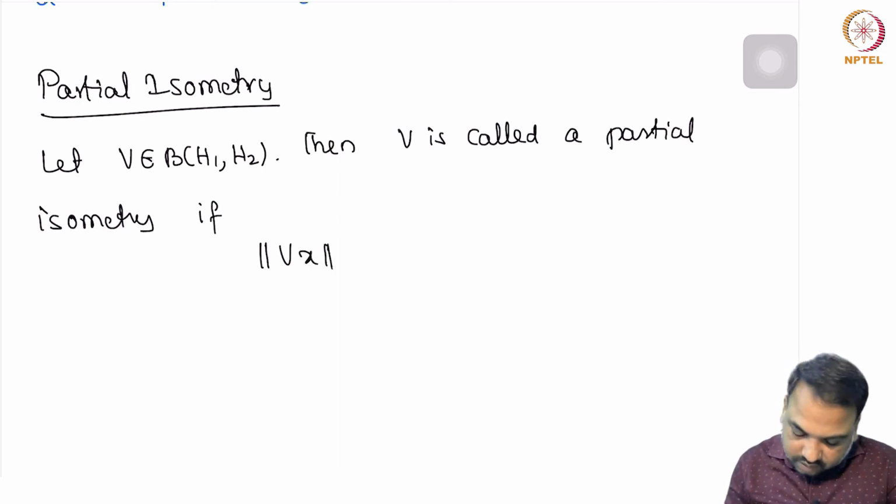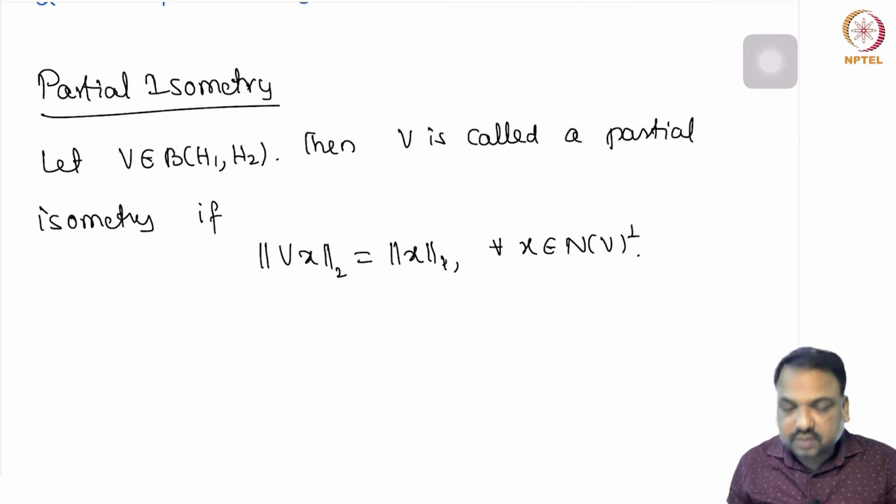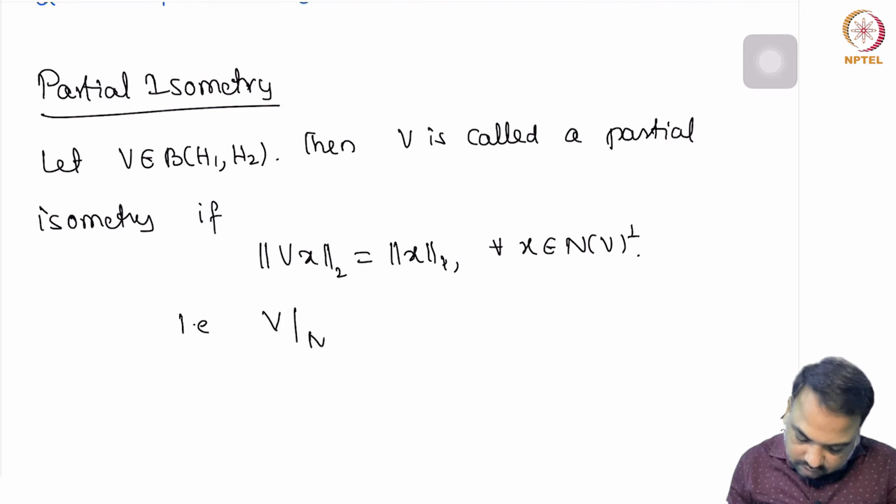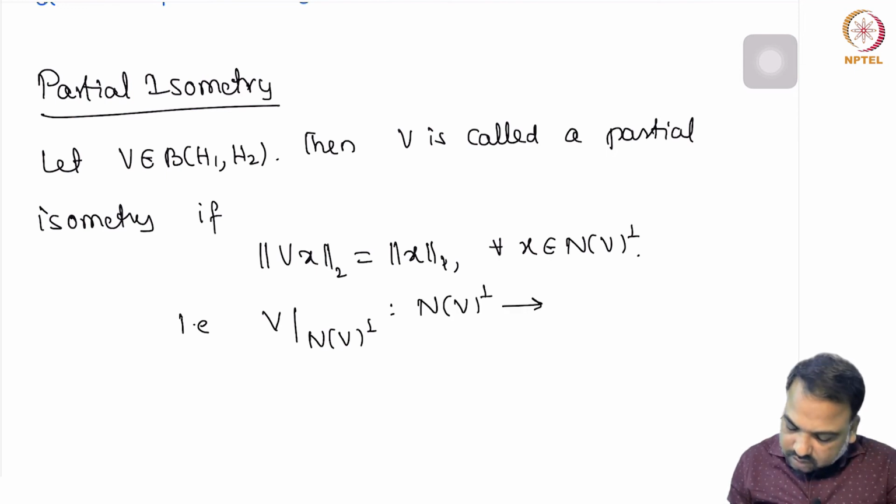That means norm Vx equals norm x for every x in null space of V perp. So V restricted to null space of V perp is a map from null space of V perp into H2 that is an isometry.